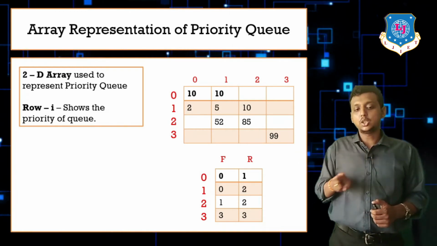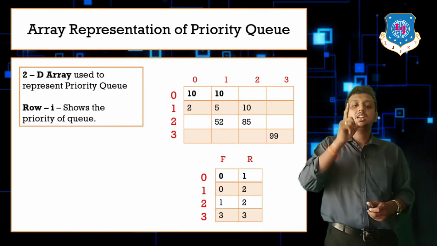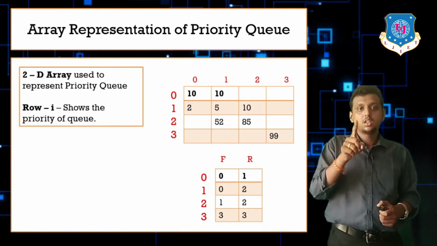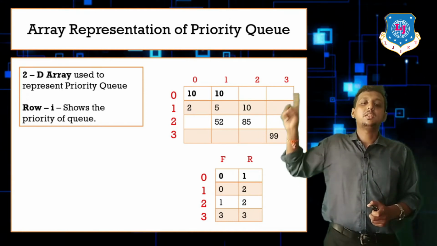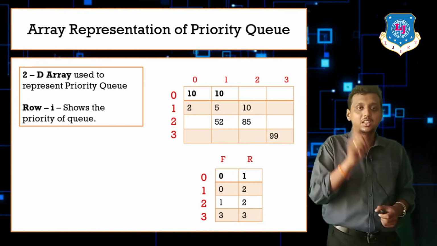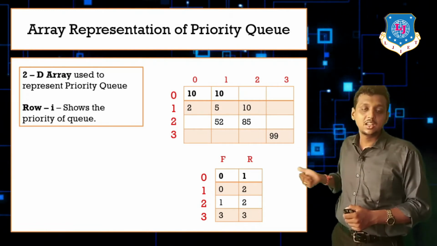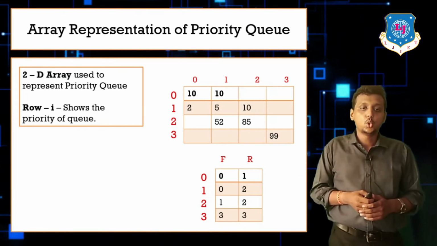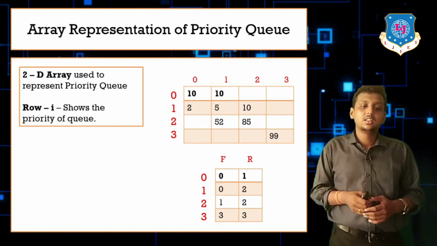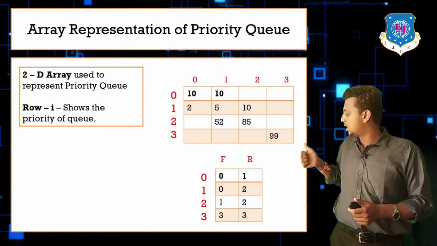In the second queue, the front position is at 0, and the rear is pointing at 10, that means the second position. So front is at 0, rear is at 2. That's why I have written it like this in the second row of the matrix below: front is at 0 and rear is at 2.